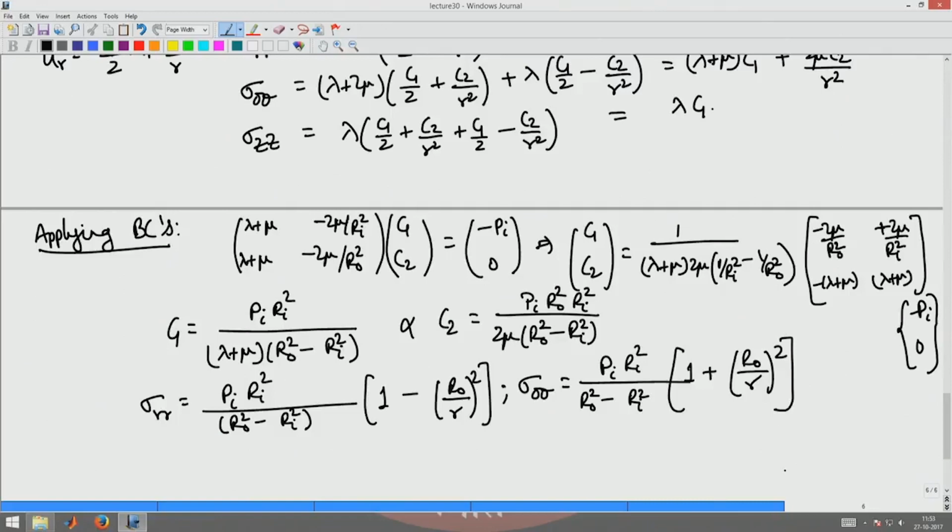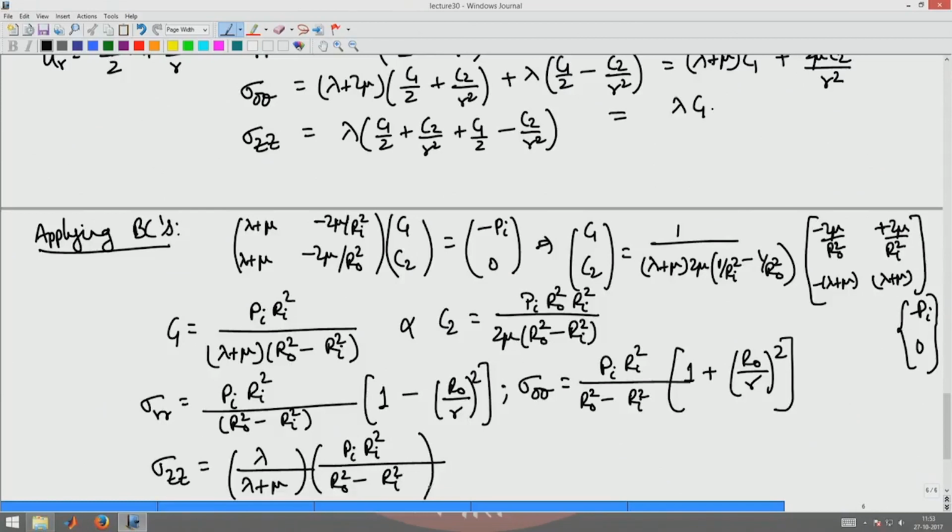Okay. Similarly, sigma z z would be lambda by lambda plus mu into pi r I square by r naught square minus r I square.